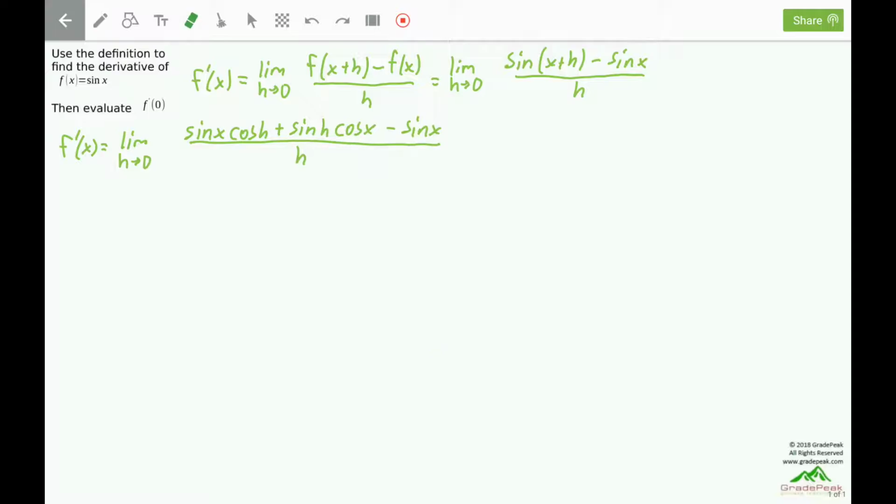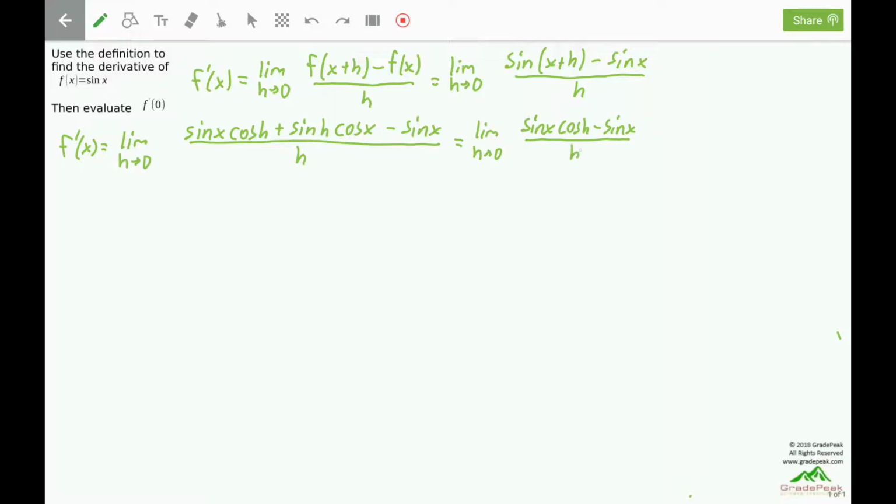Now what I'm going to do is group together similar trig functions for the variable x. I have two terms that have a sine x. I'm going to group those together, and then one term that has a cosine x. This is in the numerator. The sine x's, I will have a sine x cosine of h minus sine x, and all of that is over h.